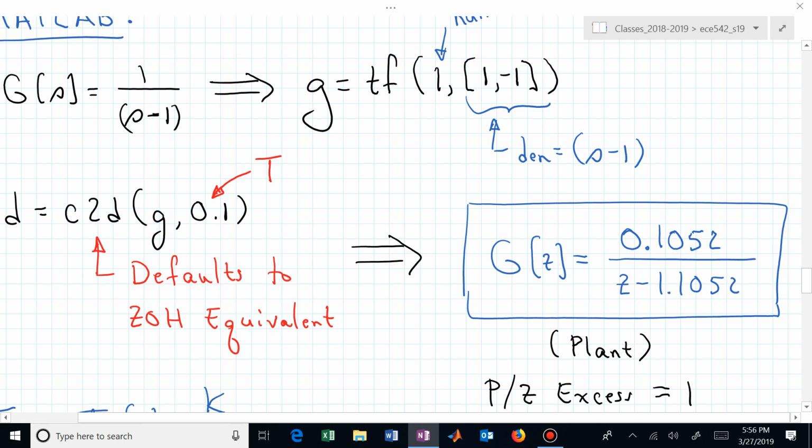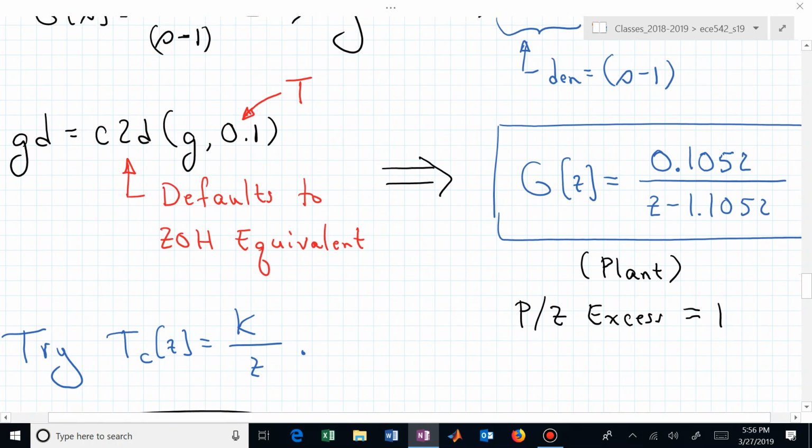Yes. So this plant is unstable, which is good because we started with an unstable analog plant. We better keep that unstable plant when we go from continuous time to discrete time. This G of Z is now consistent with what we had for G of S. We do have a pole outside the unit circle.